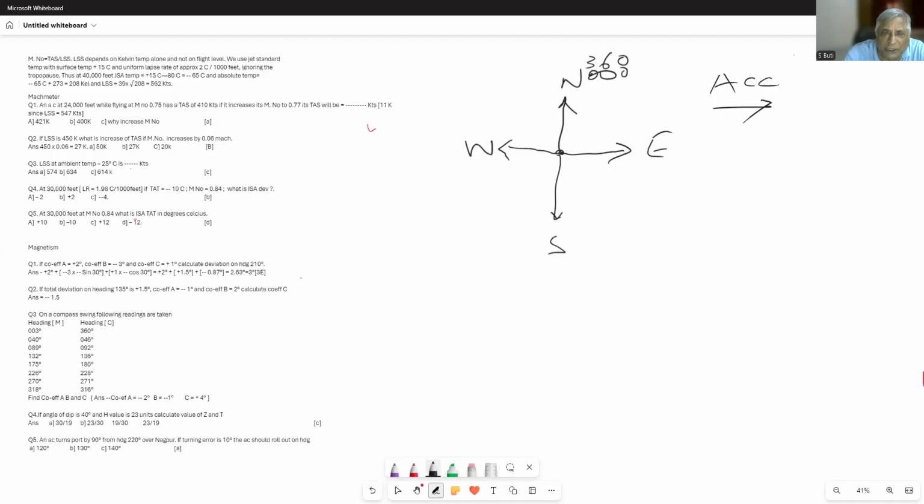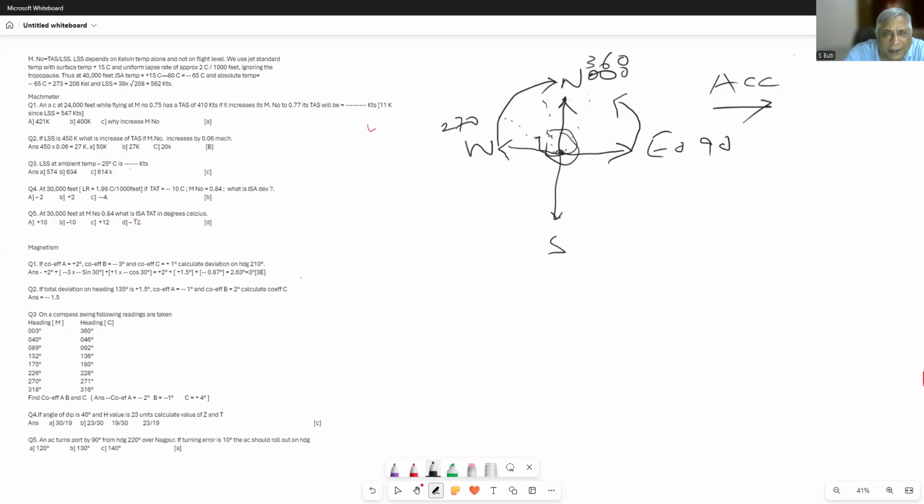When your readings decrease, it will give you a feeling that you have started turning towards left, because your reference point has now moved this side. If you accelerate on heading west, the needle will move towards west and your readings will increase. Increasing means towards 360 from 270. From 090, readings will decrease.